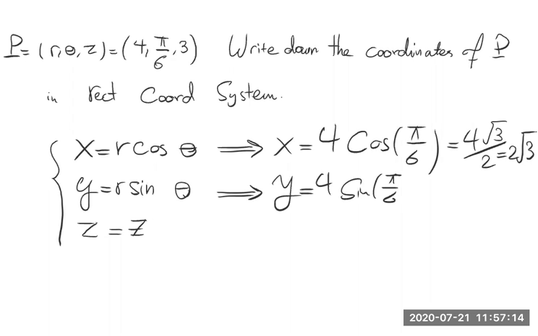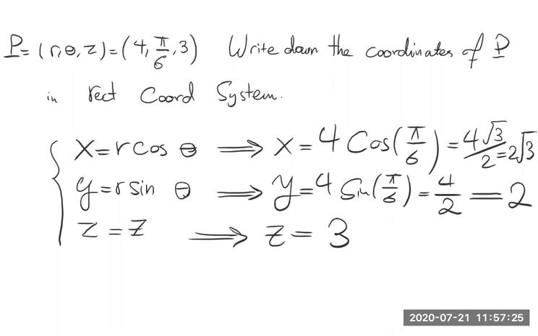But sine of pi over 6 is 1 over 2. So we get 4 over 2, which is 2. And what is z? Well, z is z. Z is just 3. So in rectangular coordinates, the coordinates of this point are 2 square root of 3, 2, and 3.